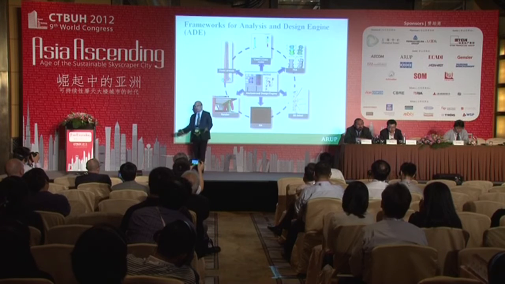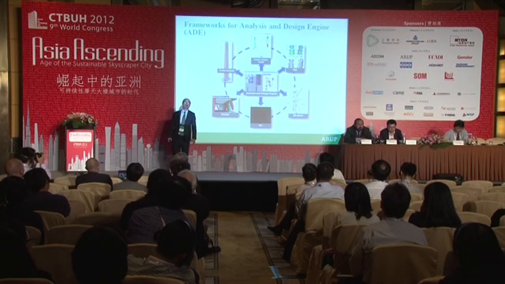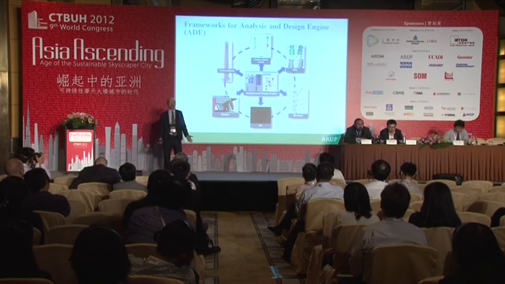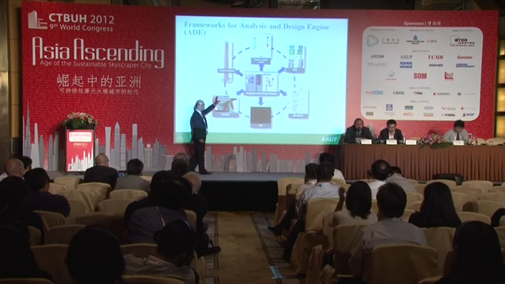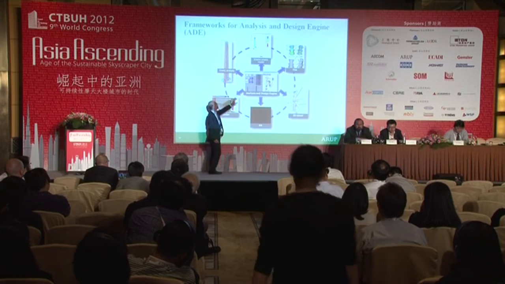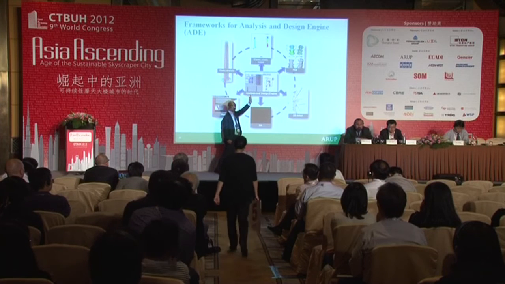Some BIM systems now say that they can create a linear model, but I can't find anyone that can produce the same structure for nonlinear analysis. Right? So what we did is we have this engine, and then we have set up our own parameters to create a nonlinear model so that we can do nonlinear analysis.